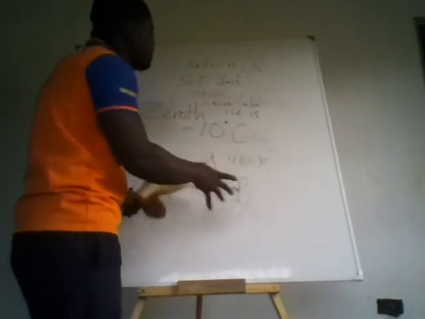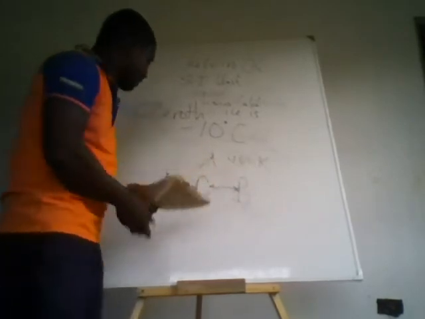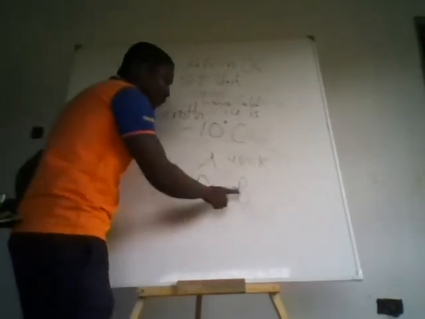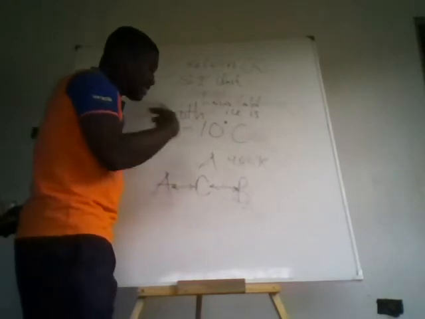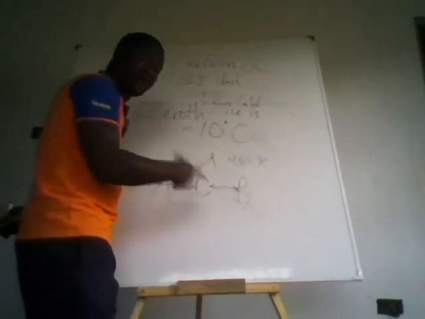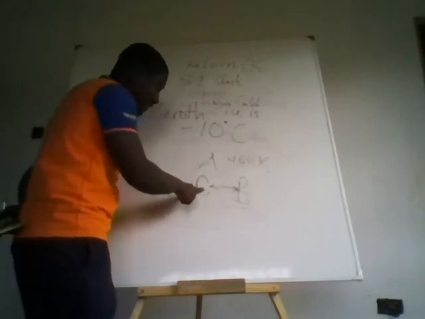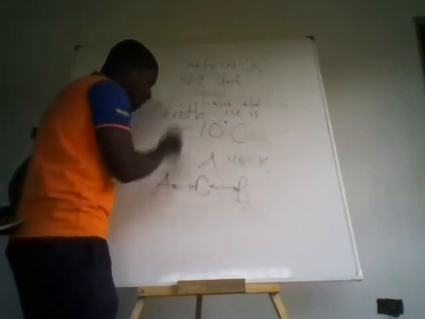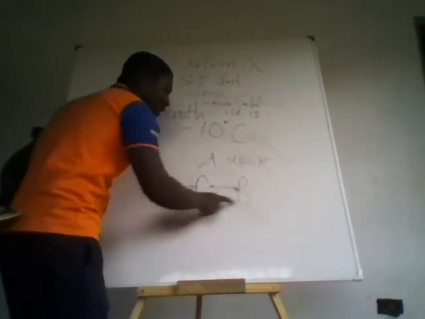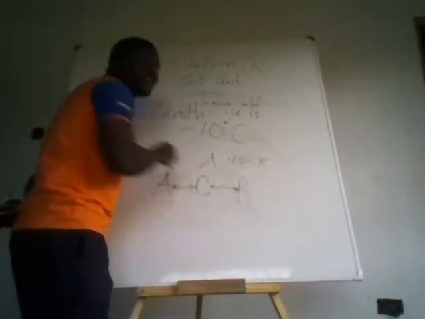So it is the same thing as Zeroth is saying that if two bodies A and B are in thermal equilibrium with a third body C, then the two bodies A and B are in thermal equilibrium with each other.